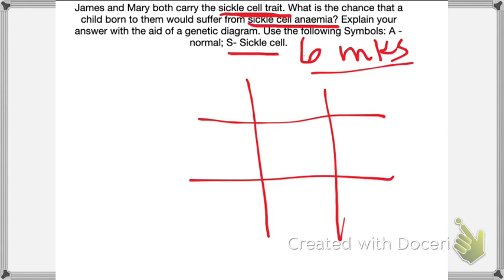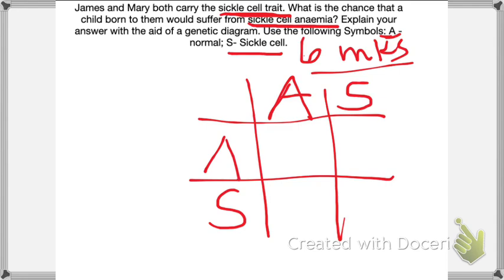And remember, the trait was S. So both parents had S. So what is the other allele? The normal allele is A. So we put that A there. Both parents were normal because they just carried the trait, right? So let's see what is the possibility of their children suffering from sickle cell anemia.